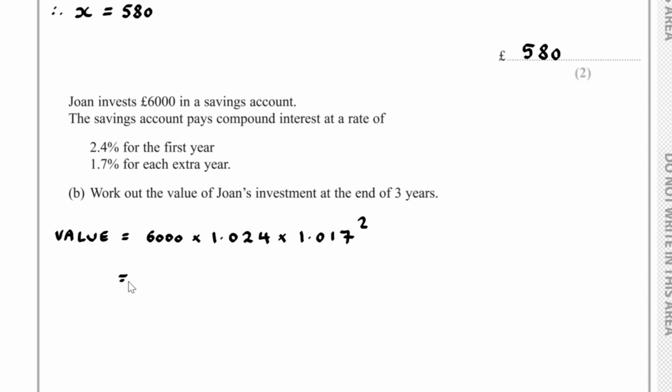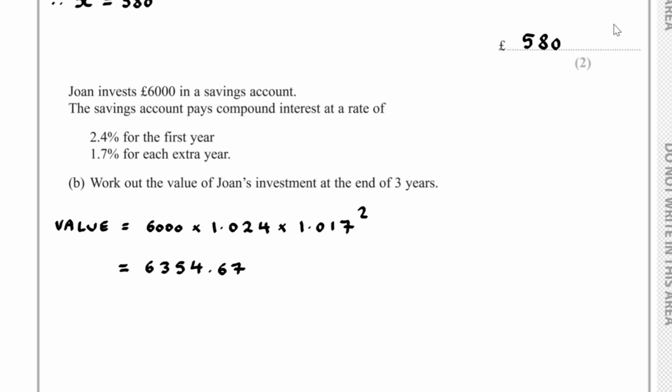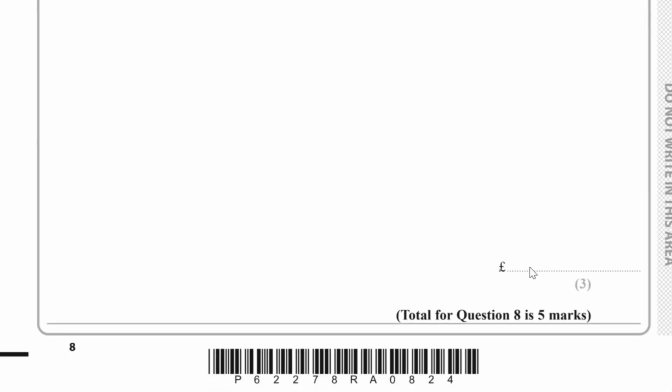So if I work out what this is, we get £6,354 and 67 pence. Of course, we need to give our values to 2 decimal places. So we've got £6,354 and 67 pence.